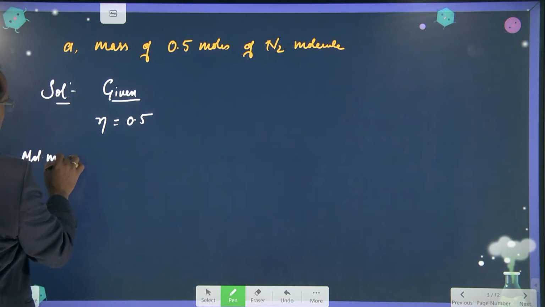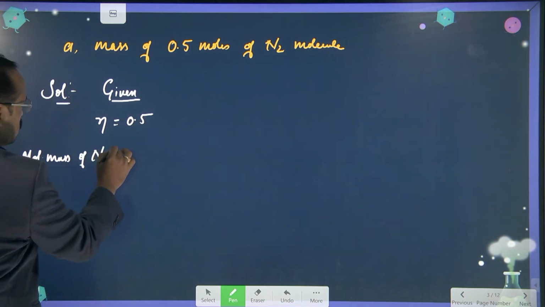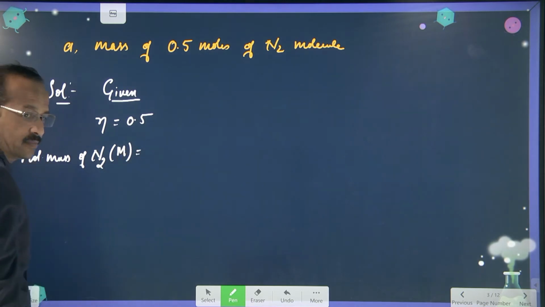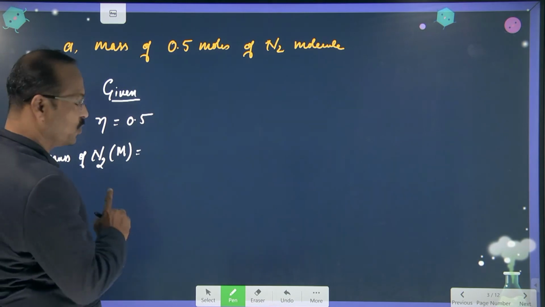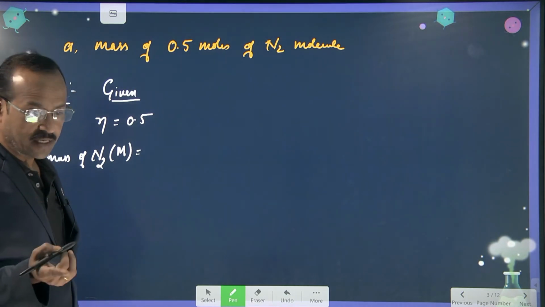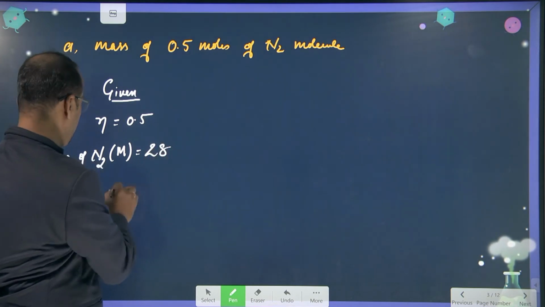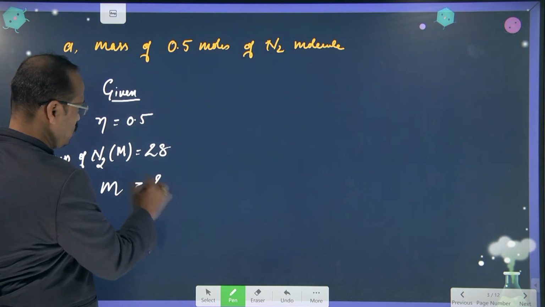Molecular mass of nitrogen N2, denoted by capital M, is equal to how much? N is 14, N2 is 28.